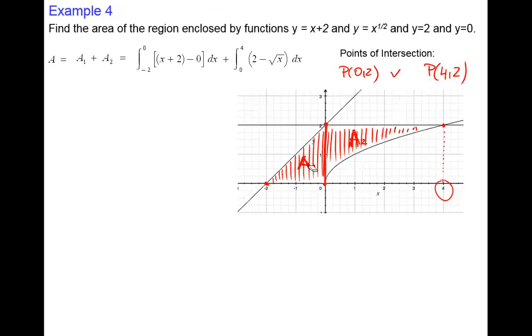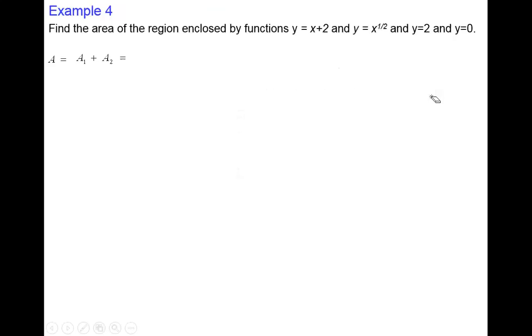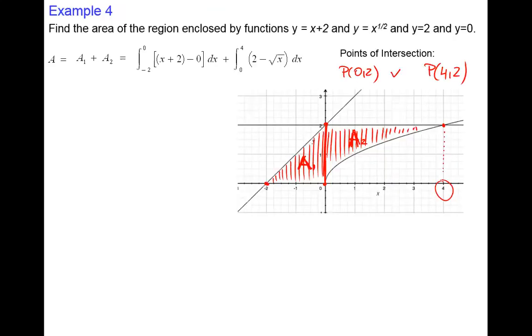Okay, that's my triangle. Or I can simply use the area of the triangle. Okay, this one, the second part, is from 0 to 4. From 0 to 4, the top curve is horizontal line 2 minus the root x.